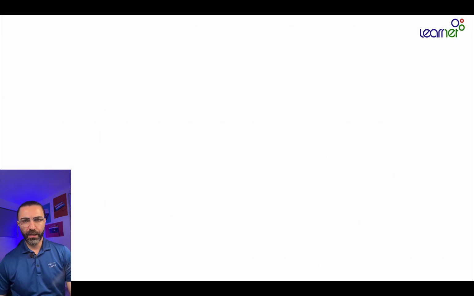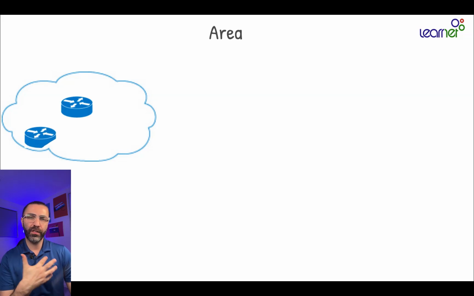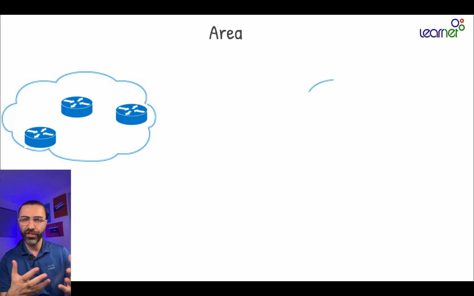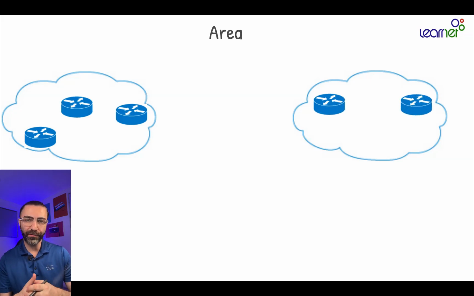The final topic is area. Area is basically the perimeter within which OSPF routers do everything we talked about: neighborship formation, database exchange, LSA conversation, and any changes that happen to the network. When you're dealing with a large number of OSPF routers, these conversations may bring some delay.